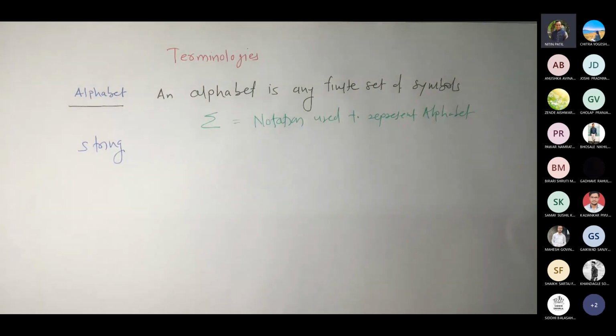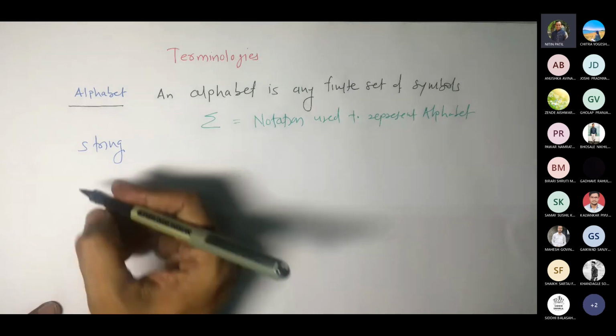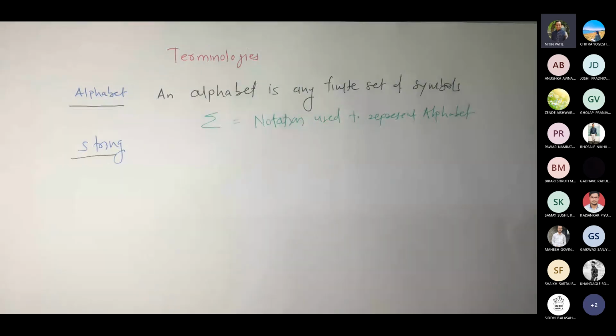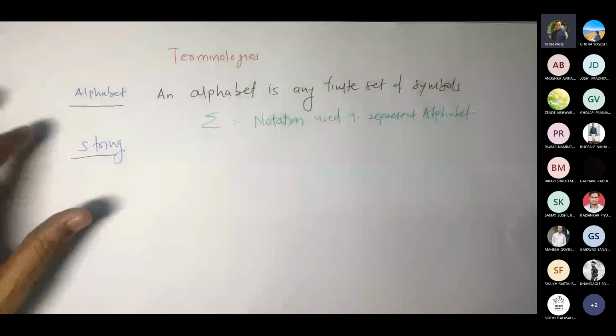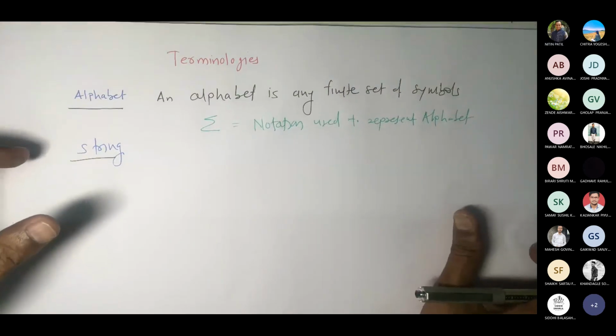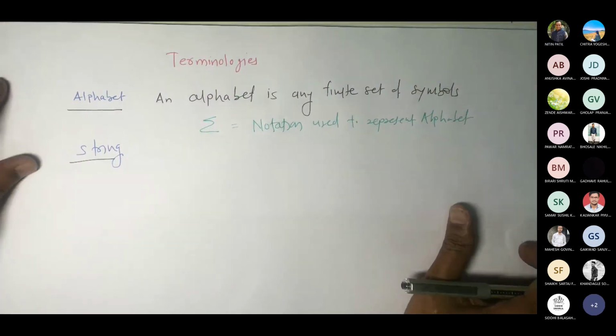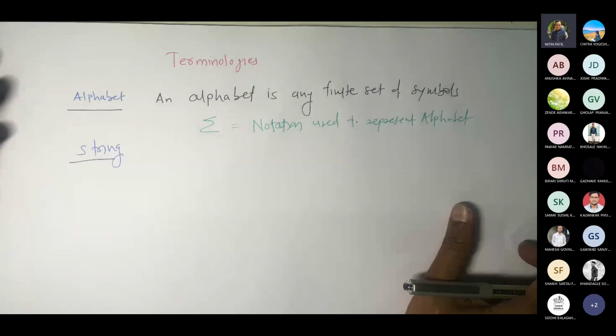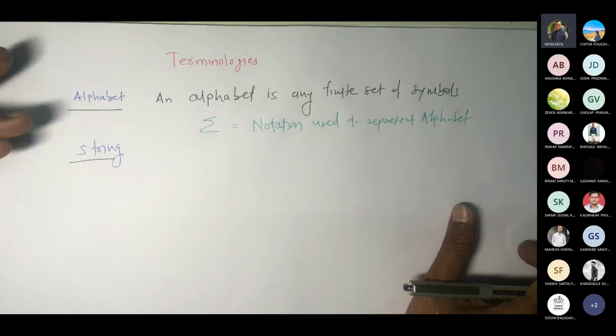What is a string? How would you define a string in your own language, the way you must have seen in Python or in C? A string is a combination of characters from the character set.